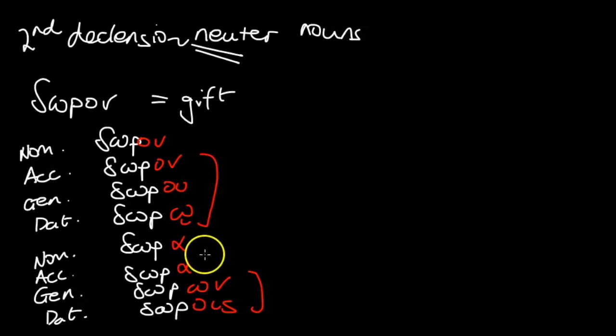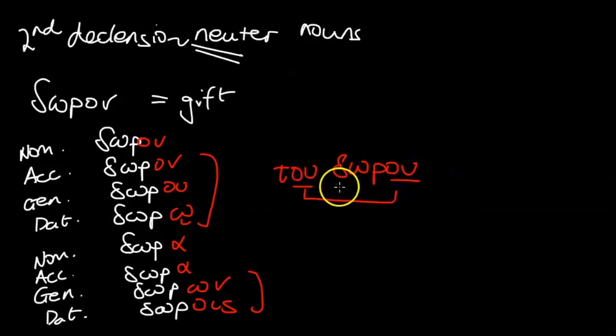Okay, so now we know this information, we can start to create little phrases. For example, if I were to say of the gift with the definite article, that would be tou dōrou. So that's the ending. The endings agree.